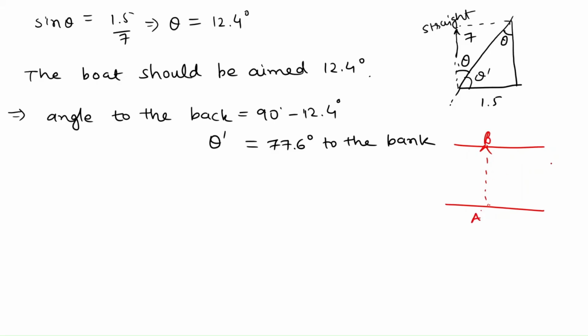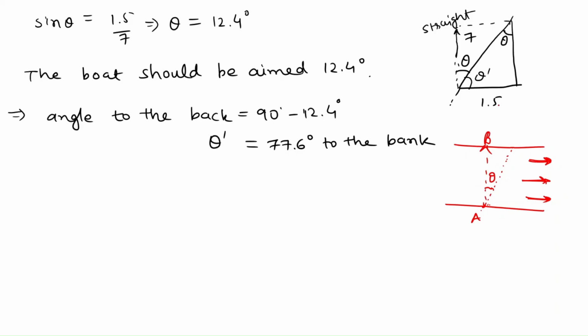But here the current is in this direction. So if the boat starts from this point, it will go this way, because the river takes this direction. So it may take some angle theta.